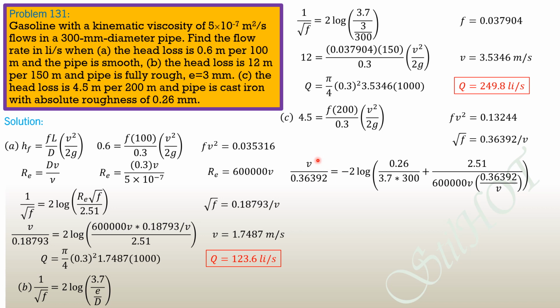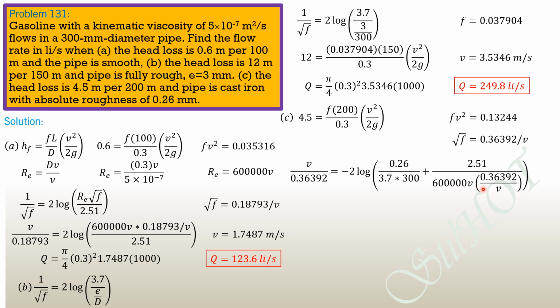So again, the formula by Colebrook is 1 over square root of f, and 1 over this value becomes V over 0.36392 equals negative 2 log of the quantity absolute roughness E over 3.7 D plus 2.51 over Reynolds number square root of f.